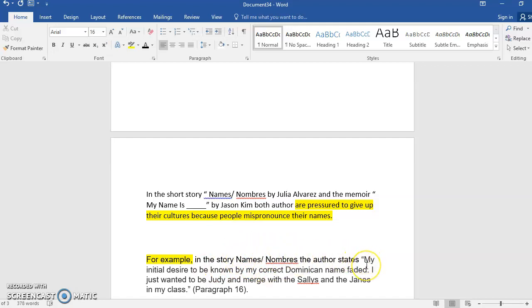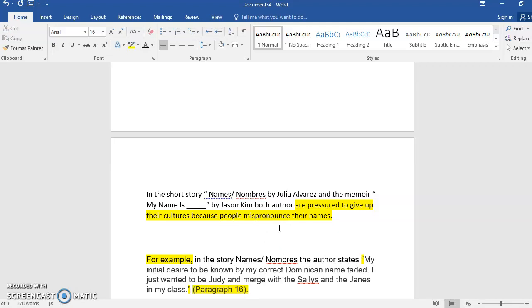And then when I have my quotes, I took this directly from the text. I just copy and pasted. I start off my quote with my quotations. Okay. So this is a visual cue to the reader that this is a quote taken from another passage. Okay. And at the end, I give the location. Okay. Paragraph 16. So I have paragraph 16 in parentheses.